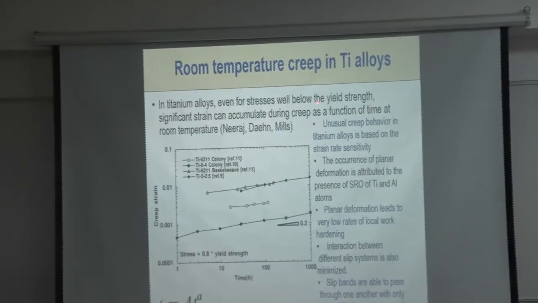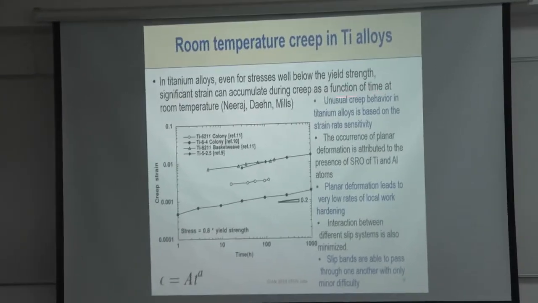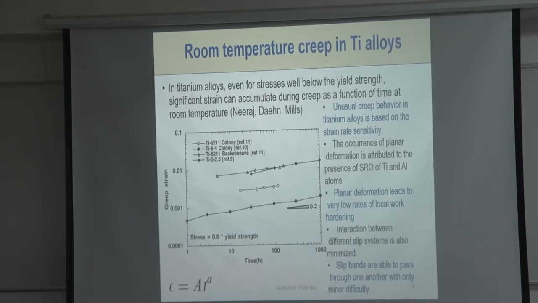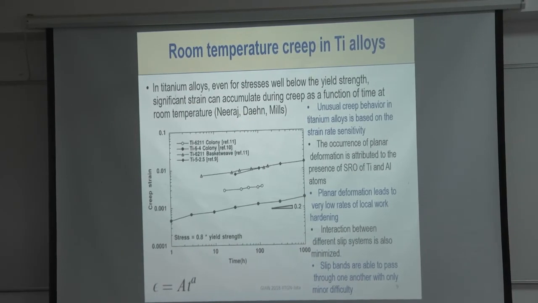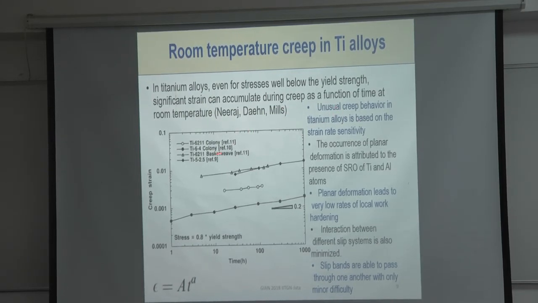Obviously, significant strain can accumulate during creep as a function of time at room temperature, even for stresses below yield. Neeraj, Glenn Daehn, and Mike Mills are from Ohio State University, and I believe it's this guy's PhD thesis. Glenn and Mike are professors, and I know them pretty well.